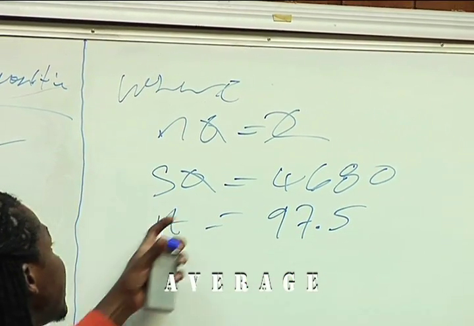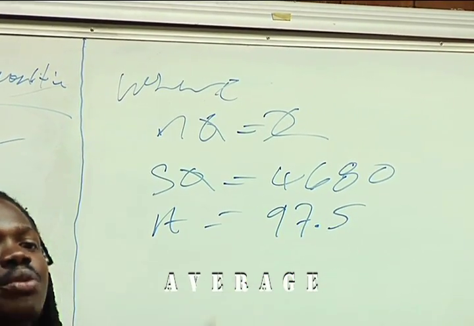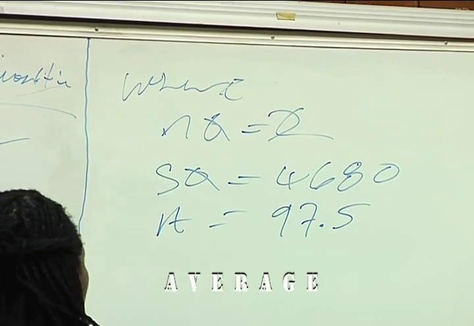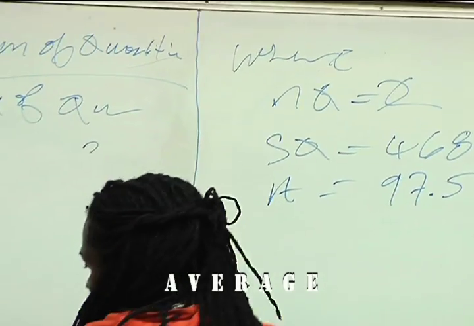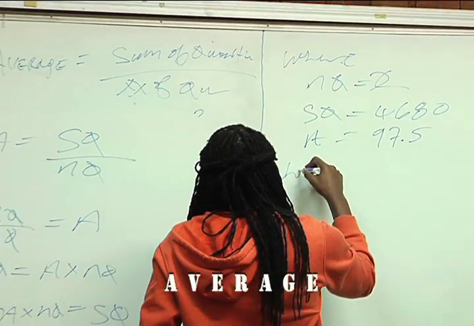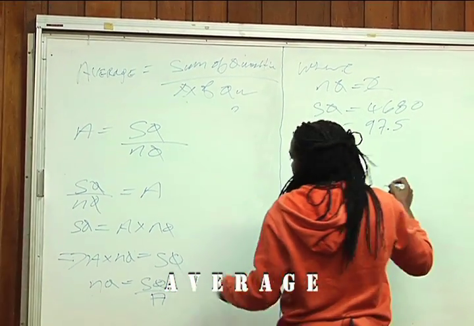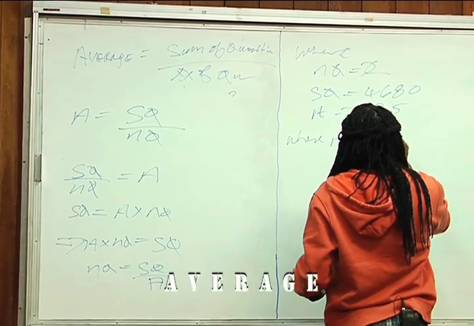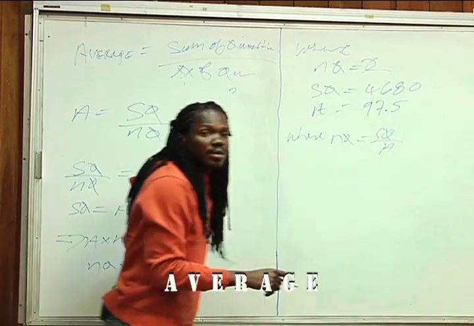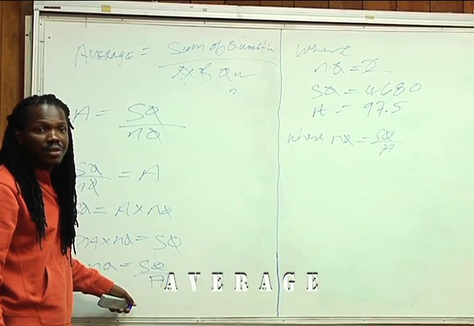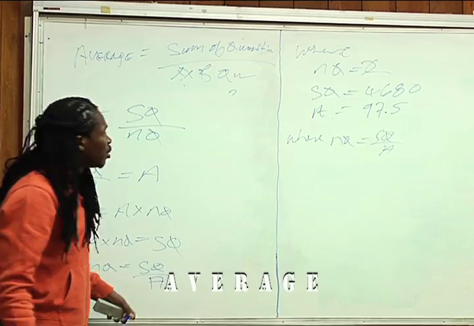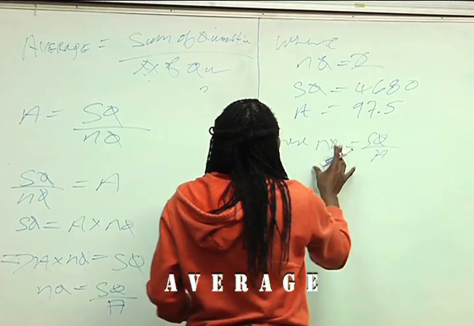So you write it out like this now, so you can work it out easier. Now, what do we also know? That NQ equals SQ over A. That's what we found over here.